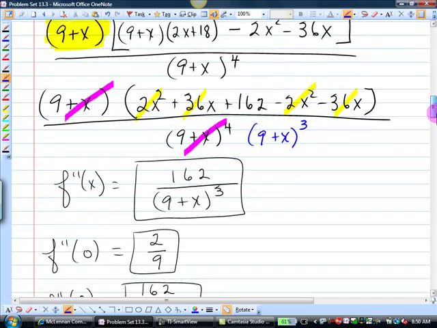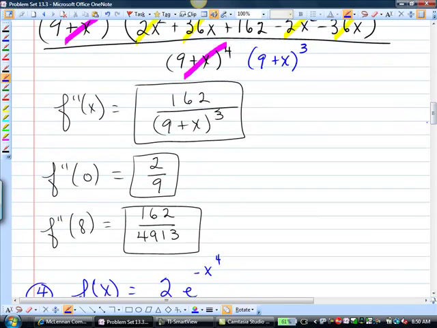Okay, so then it asked you to find f double prime of 0 and f double prime of 8. If you plug 0 there, you have 162 over 9 cubed. You can do that on the calculator. Probably get a decimal, see if it'll turn into 2/9.